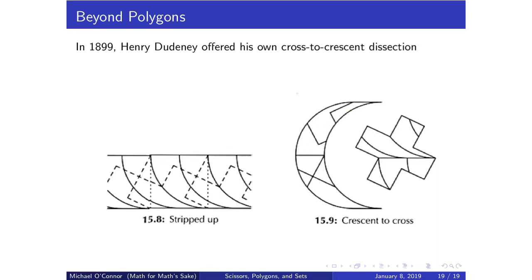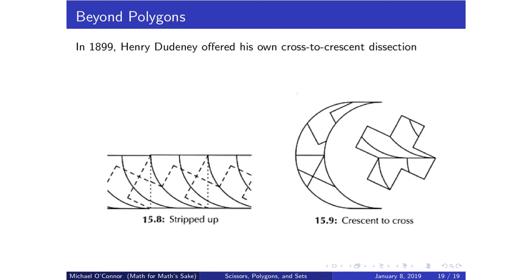This again allows pieces to be flipped over. So you can take this and flip it over here, this goes here, this goes here, and so forth. So you can use the method we discussed before, even with curves, if you do it cleverly.